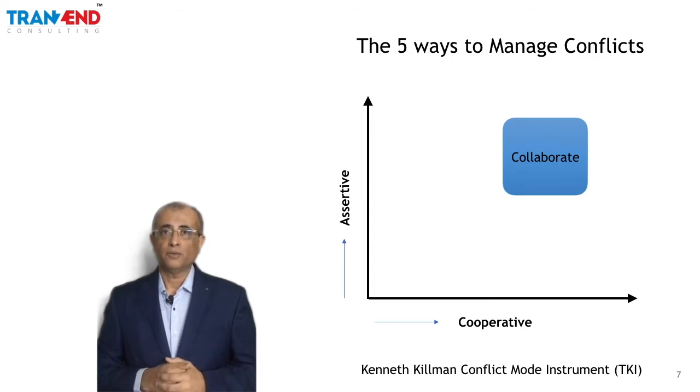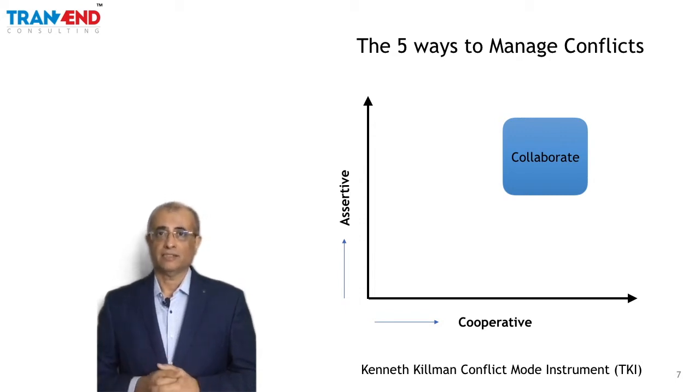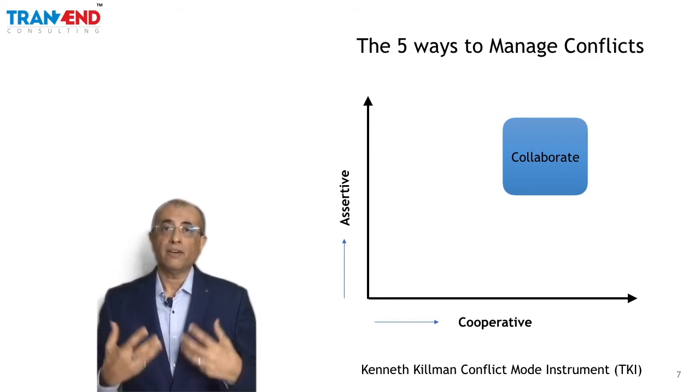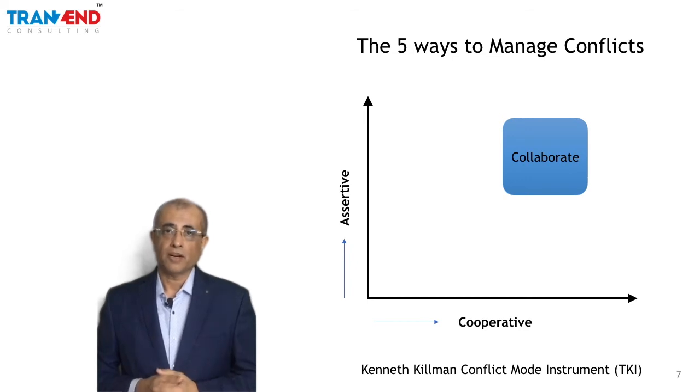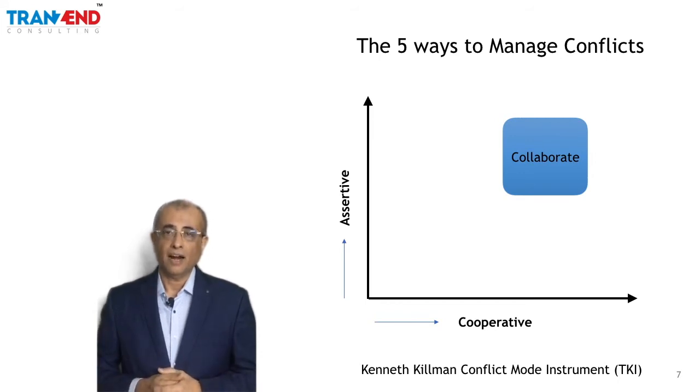This is what we need to bring in as much as we can into our lives, because collaboration ensures that we truly leverage that conflict and help it to improve the quality of the team, our own productivity, and our relationships. But it's not easy, because it requires us to be able to listen to the other person and to be able to give our point of view effectively to the other party.